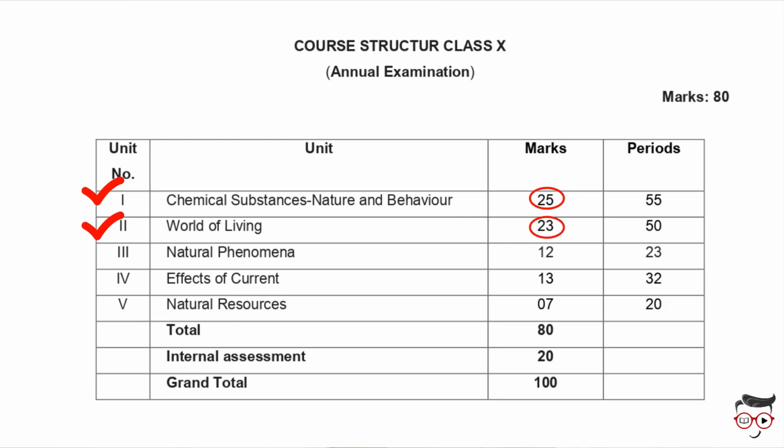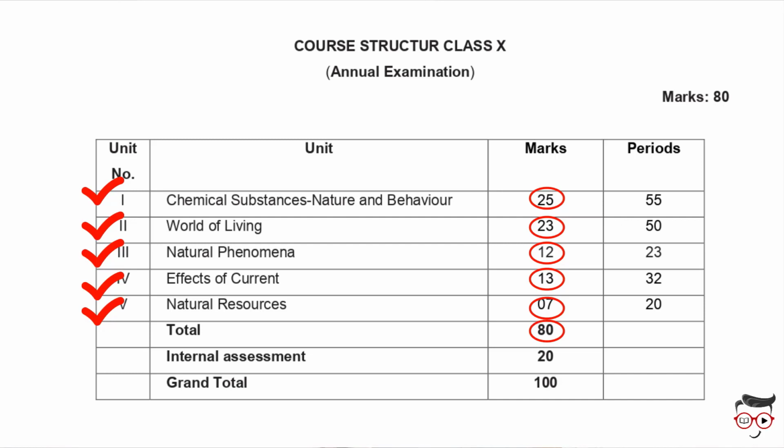Third unit is natural phenomena, which is for 12 marks. Fourth unit is effects of current, which is for 13 marks. And the last unit is natural resources, which is for 7 marks. If you sum all of these marks, you will get a total of 80 marks.